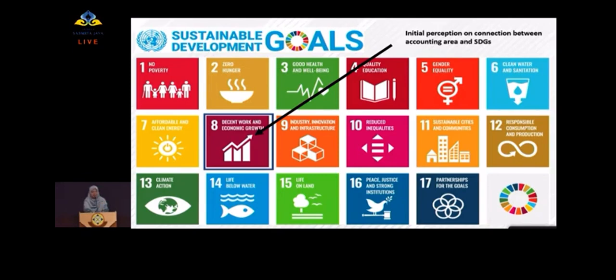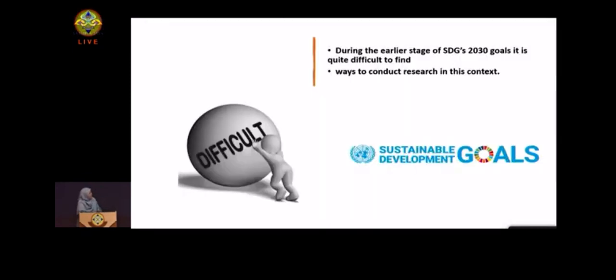So it's difficult for us. For accounting lecturers, it's very difficult to focus on what we can contribute. We were talking about green accounting before this, but just to focus on being together to achieve the SDG is very difficult for us.